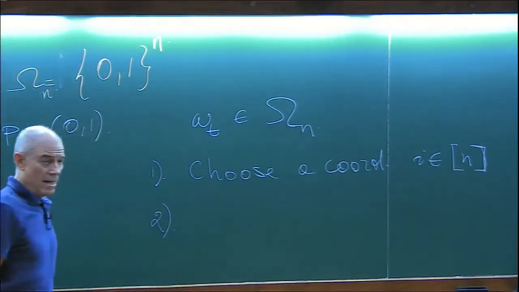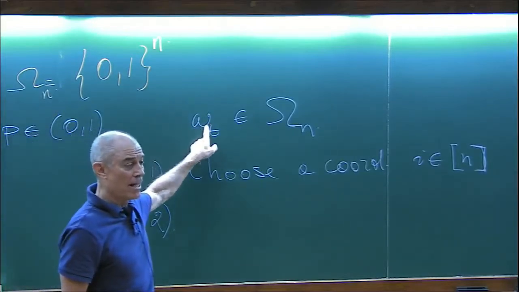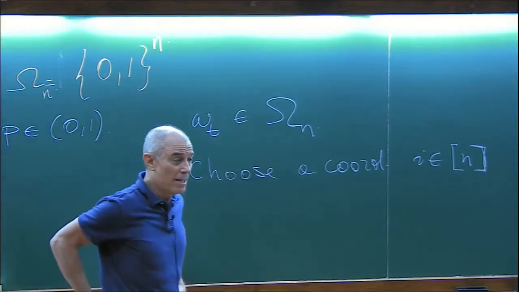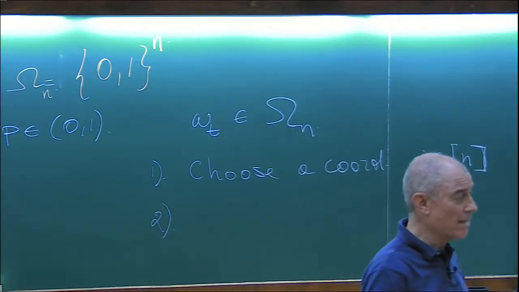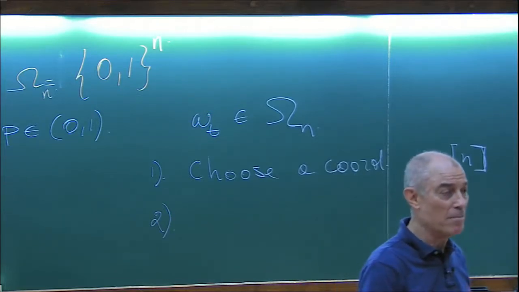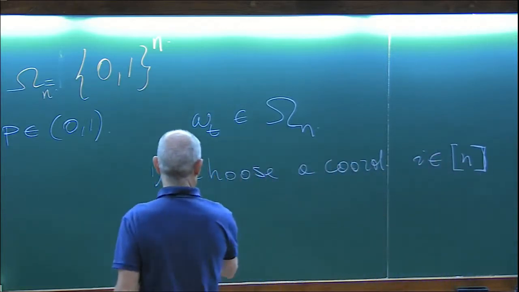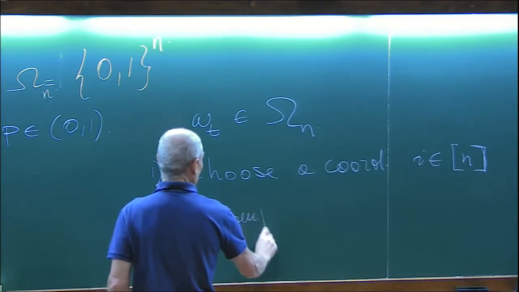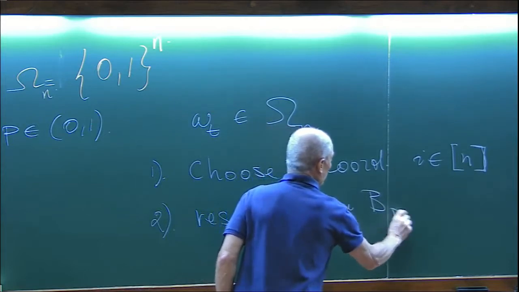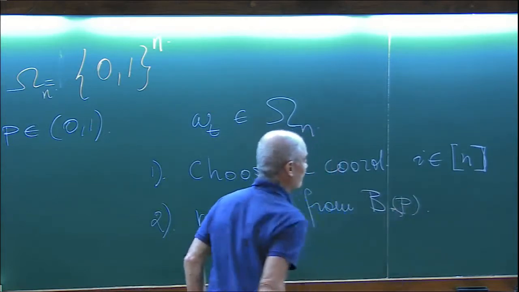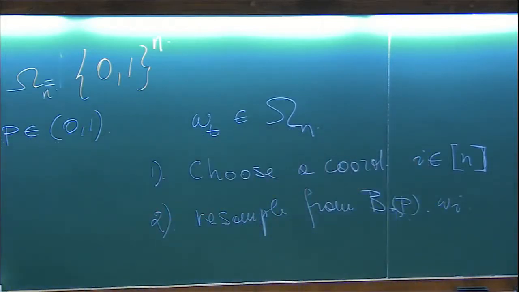and then erase the current value omega_t at i, and replace it with a new value in {0,1} that is sampled: 1 with probability p, so you toss a coin, and 0 with probability q. So resample from Bernoulli(p) at coordinate i.